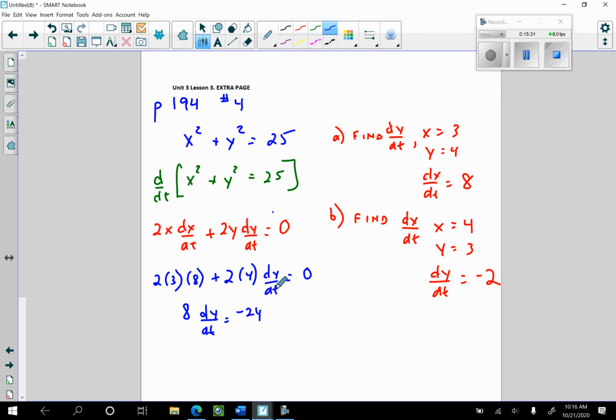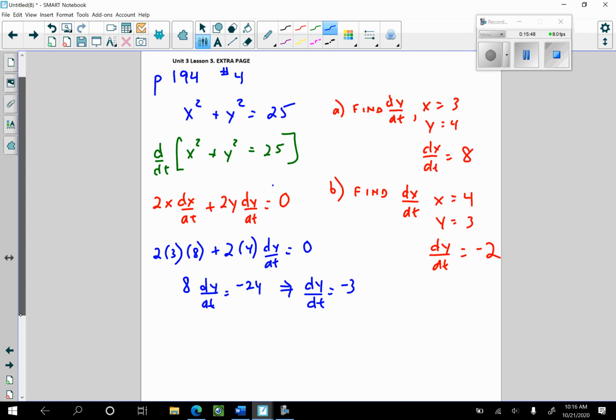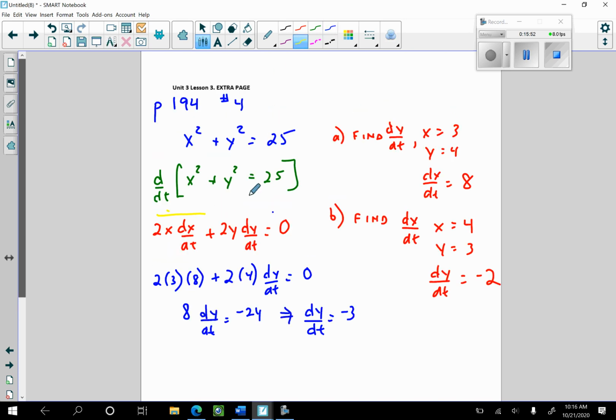Therefore, dy dt is equal to 24 divided by 8, negative 3. Okay? That's part A.